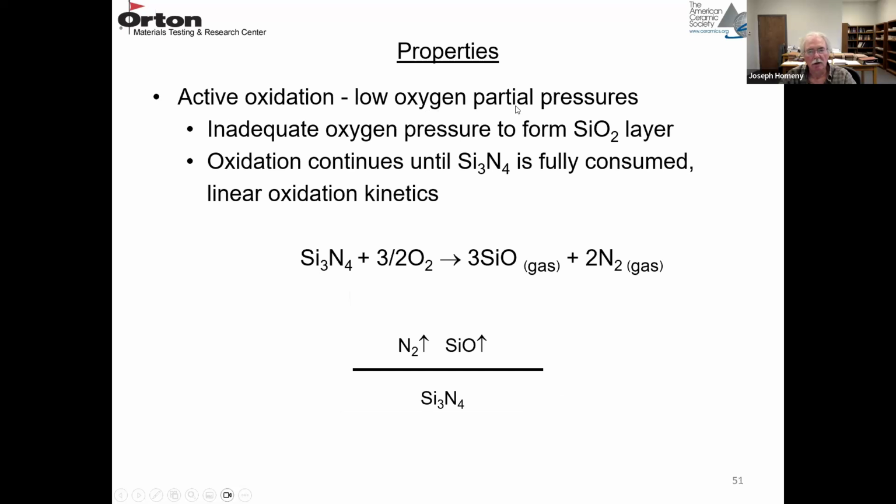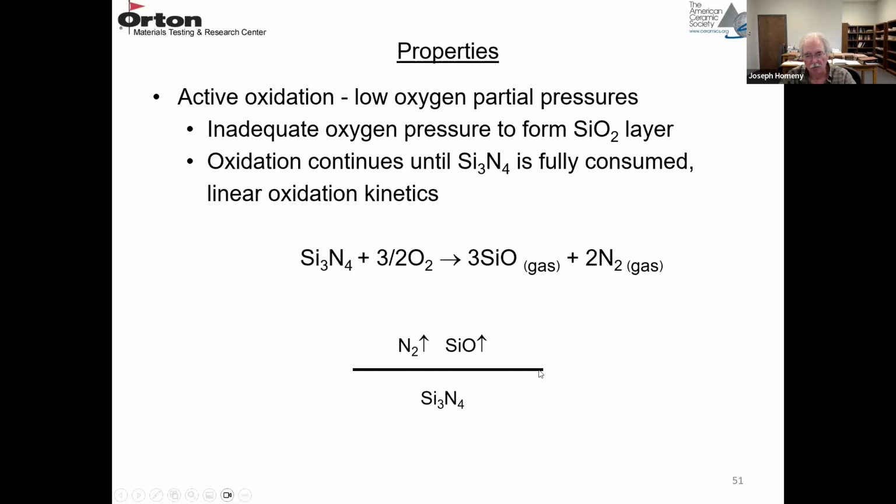And then if you have a very low oxygen partial pressure, very little oxygen present, you don't have enough oxygen to form silicon dioxide or silica. And Si3N4 plus oxygen yields SiO gas plus N2 gas. So your silicon nitride is just going to form two gases, N2 and SiO, that are going to come off.